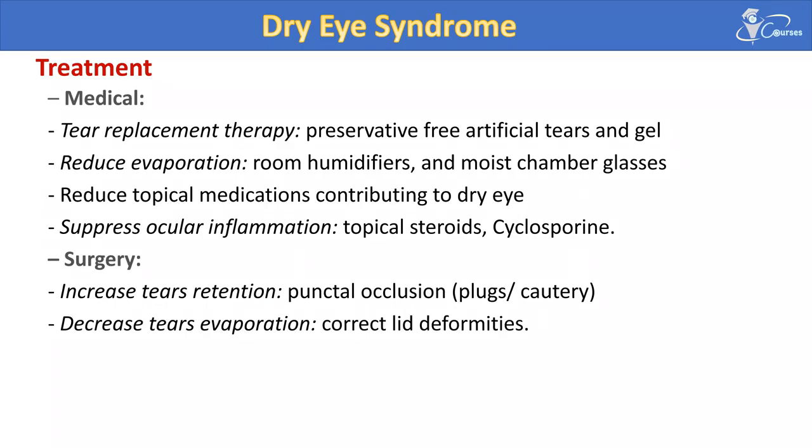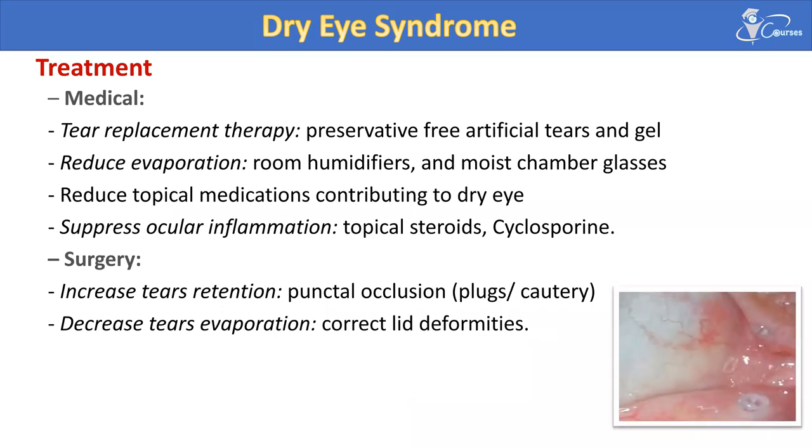But in some cases, these management lines will not be enough. So those patients will need surgery, some surgical procedures to increase tear retention like punctal occlusion or punctal plugs. These are the punctal plugs. You can see these punctal plugs are used to occlude the puncti, leading to preserving the tear film on the ocular surface.